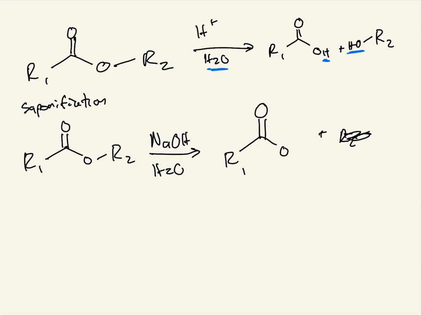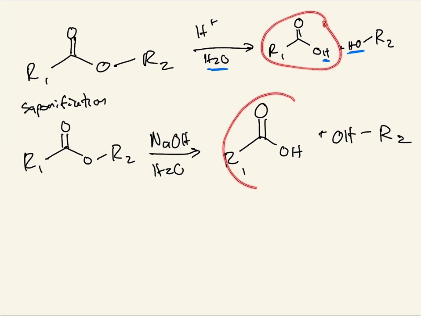Actually, I'm going to just draw it in the correct orientation. OH, R2. And the only thing that really changes here is when we did this, these two molecules tended to change. So what's wrong about what I wrote down here?